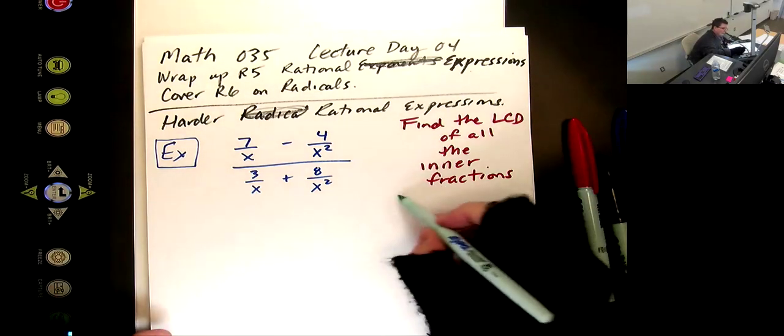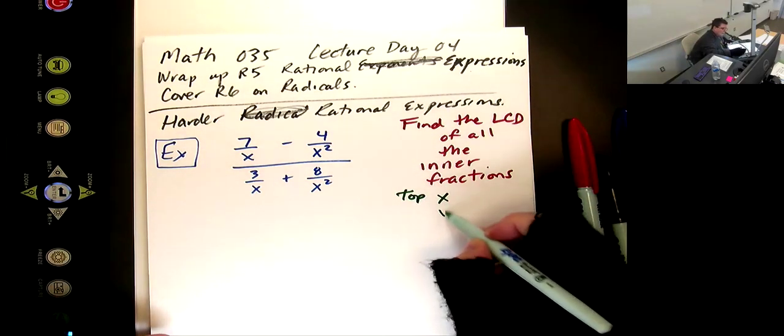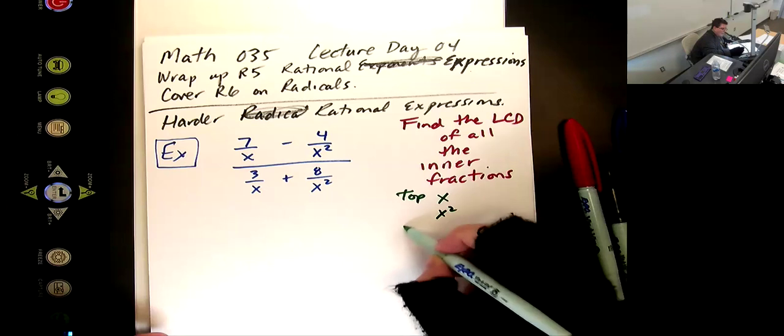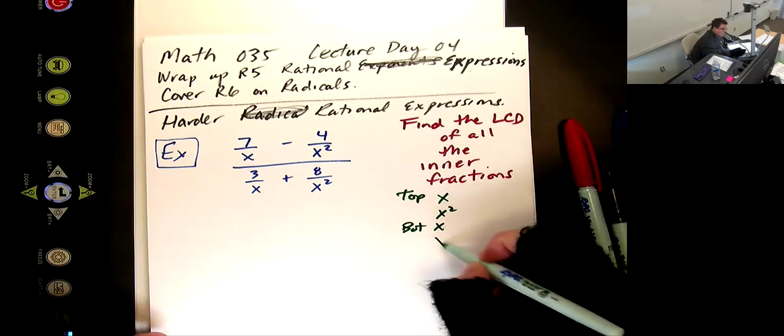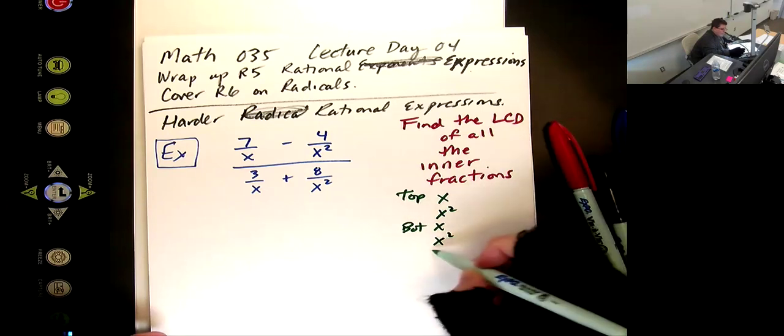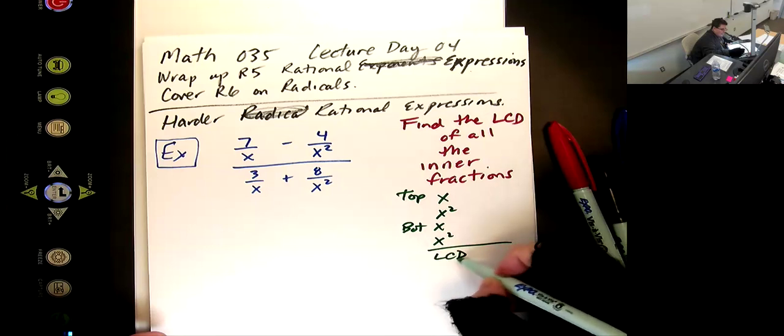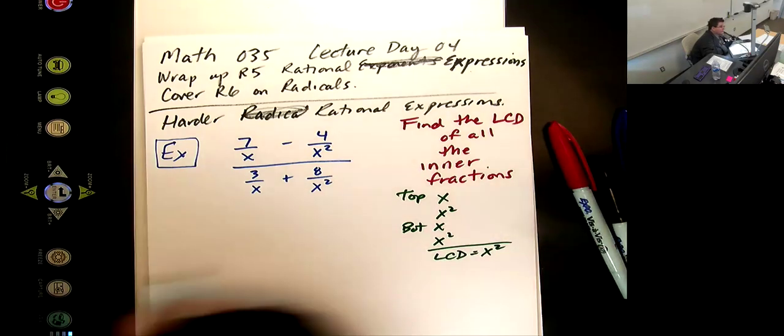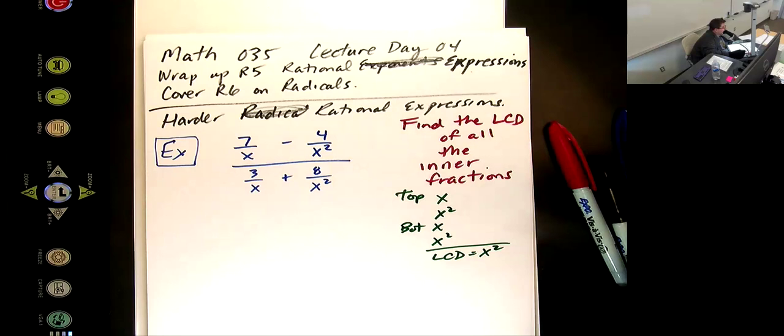So on top, I've got x and x squared. And on bottom, I have x and x squared. And the LCD is going to be x squared. Why is it x squared?